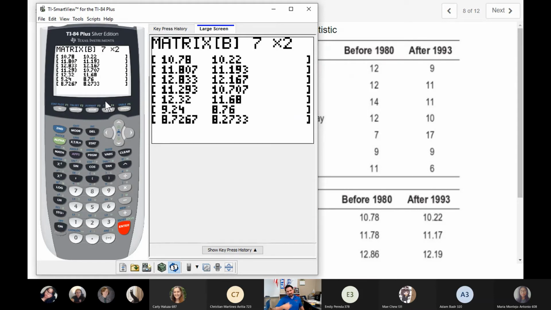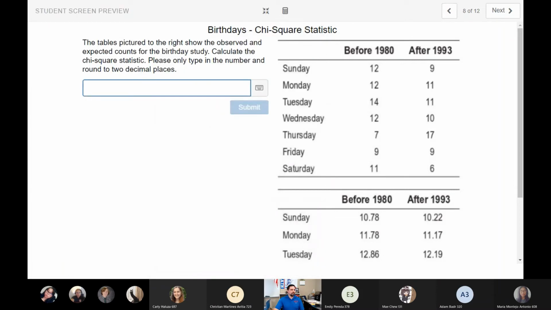So again, this illustrates that there was an error in what the textbook did. But the calculator went ahead and adjusted that, fixed the error essentially, so that we got the accurate solution. So that's kind of nice. So now we have our chi-squared statistic is 6.55.